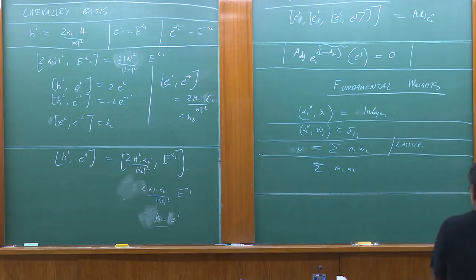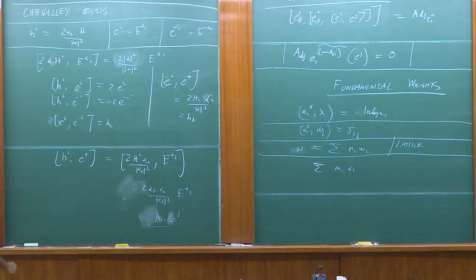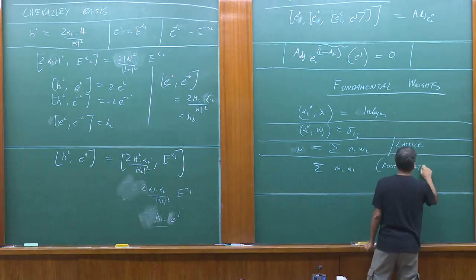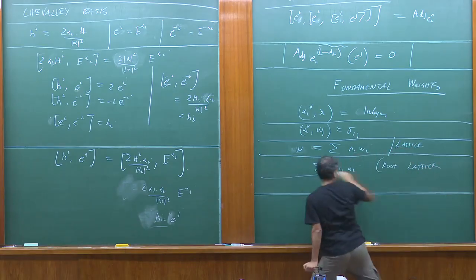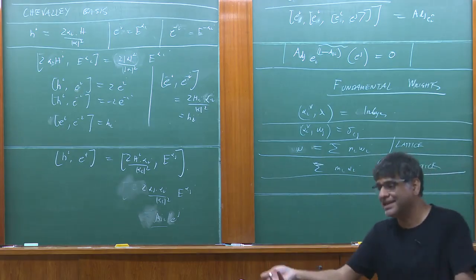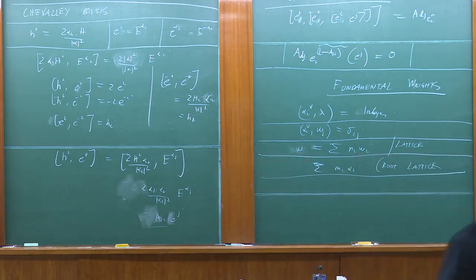The second lattice is called the root lattice. Now, alpha i's are in particular weights of some representation, so alpha i's can themselves be written as linear combinations of the fundamental weights. So the root lattice is a sublattice of the weight lattice.